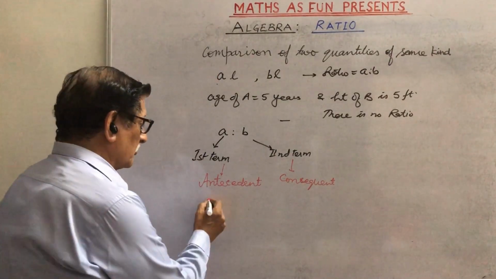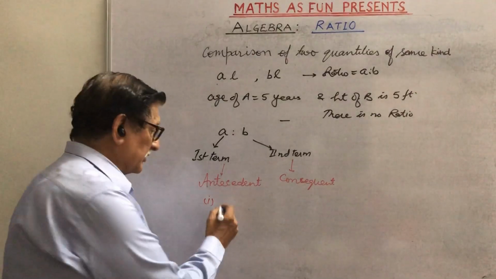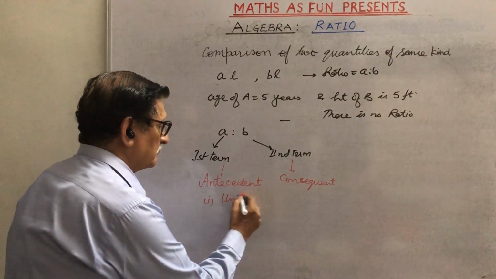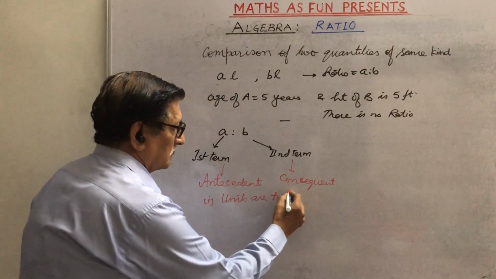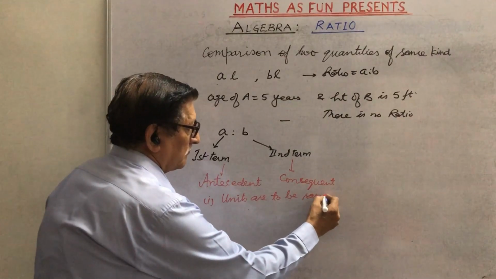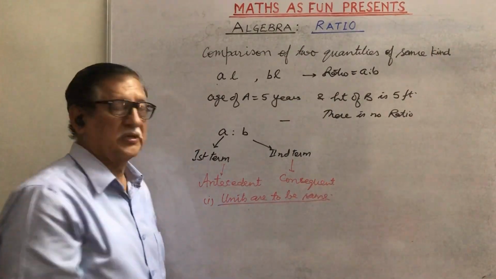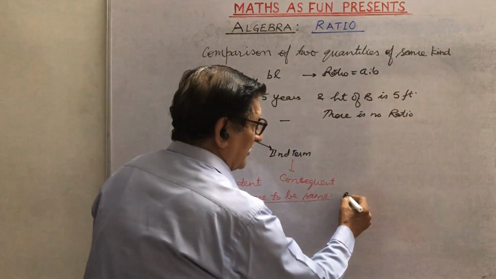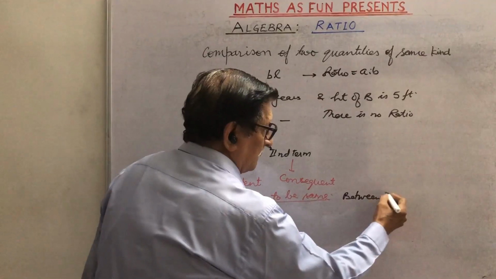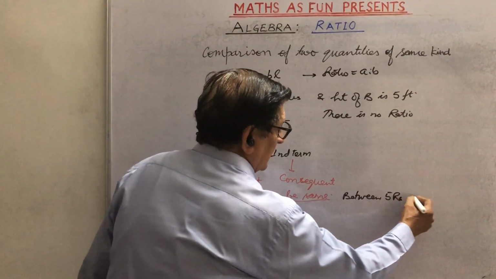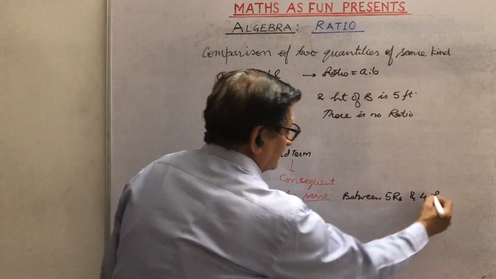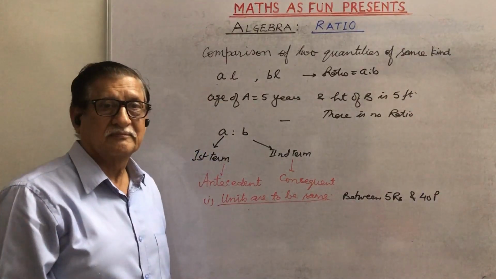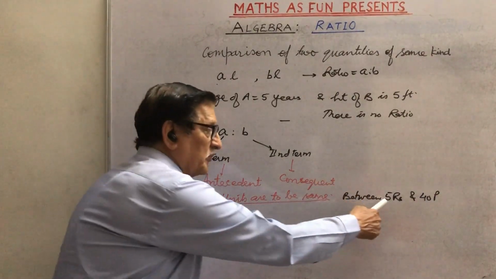Now, the first thing we want to learn about the ratio is that the units should be the same. What does it mean? Suppose we want to find out the ratio between 5 rupees and 40 paisa. This is in rupees, this is in paisa.